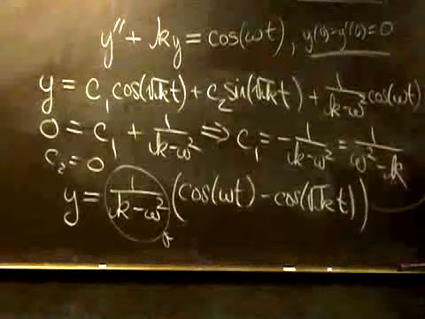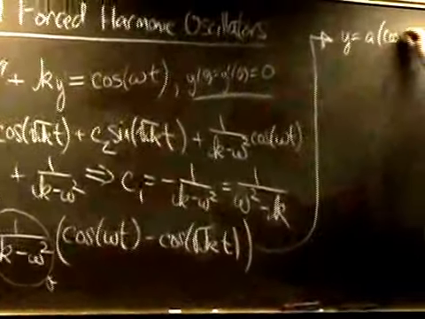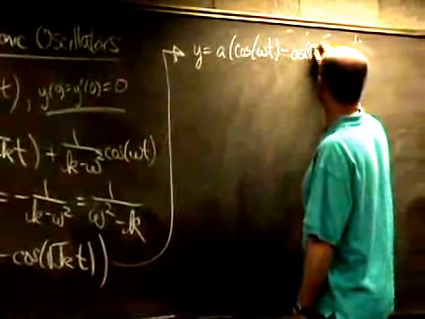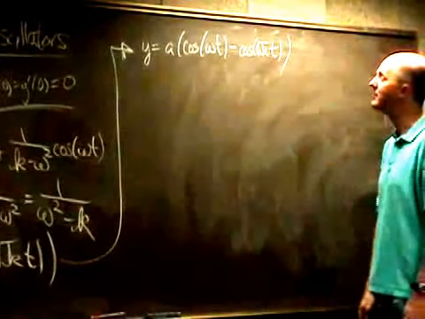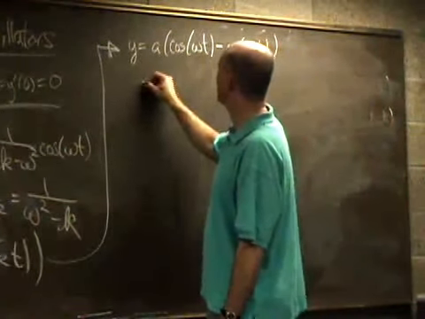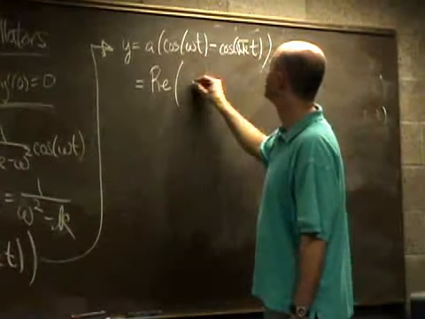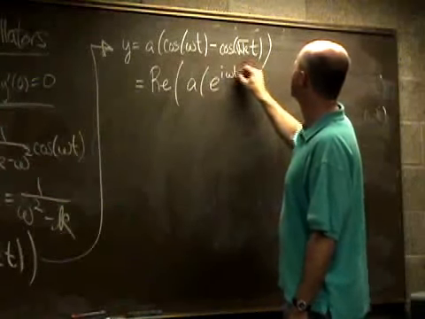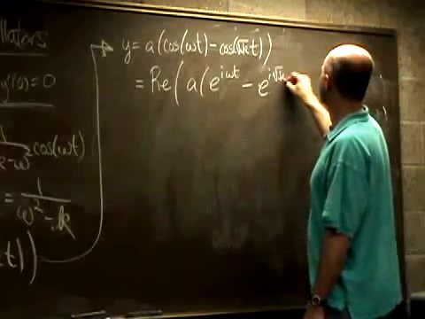What I'm going to do is realize that this function, a times cosine of omega t minus cosine of square root of kt, could be thought of, it's not real clear why you'd want to do this, but certainly could be thought of by Euler's formula to be the real part of this function, a times the difference e to the i omega t minus e to the i square root of kt.